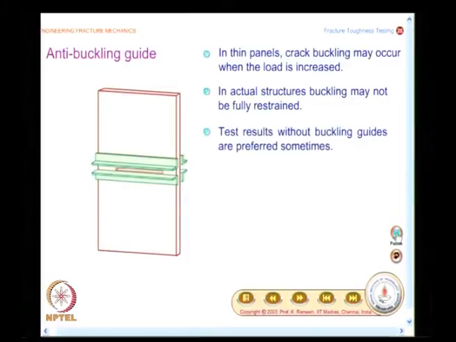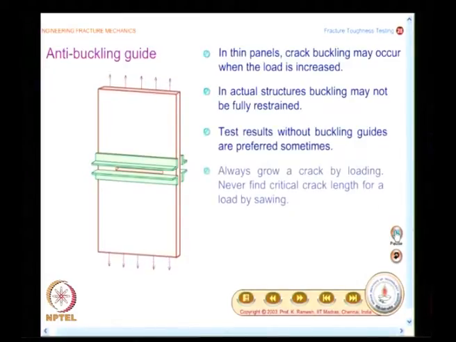In actual structures, buckling may not be fully restrained. So, what people say is test results without buckling guides are preferred sometimes.